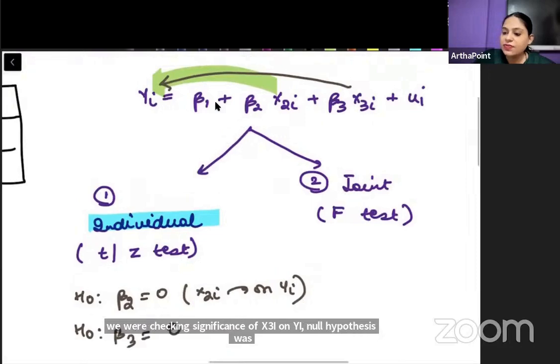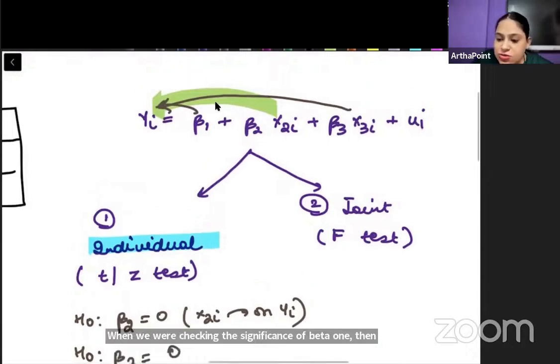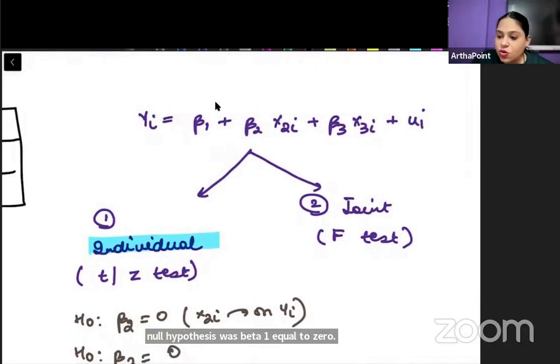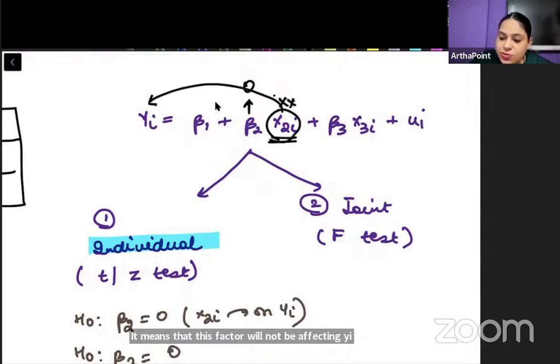When we were checking the significance of beta 1, then null hypothesis was beta 1 equal to 0. Because if this becomes 0, then this factor will be eliminated. It means that this factor will not be affecting yi. So to check significance, we will put this slope equal to 0.